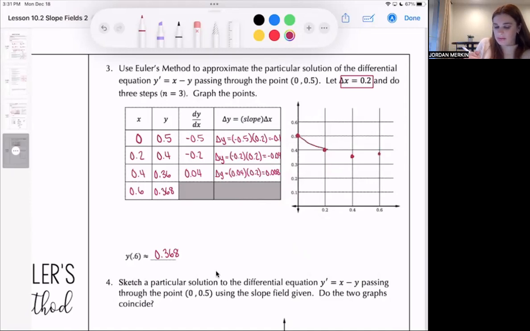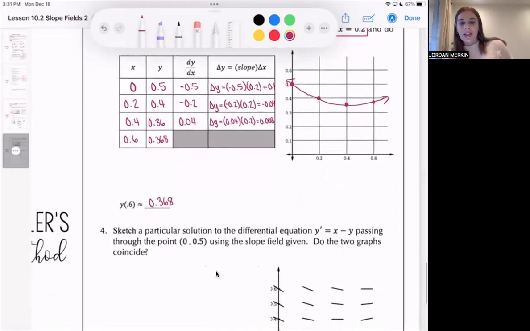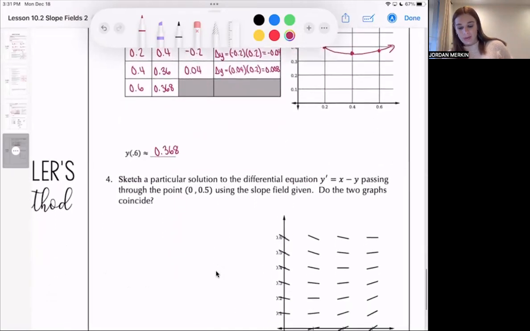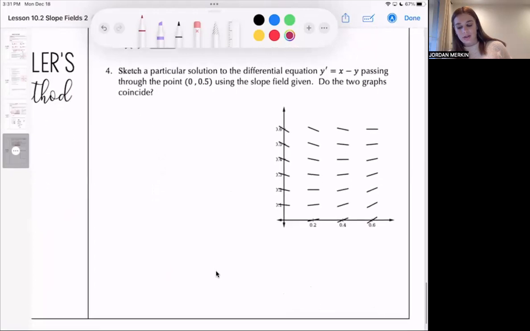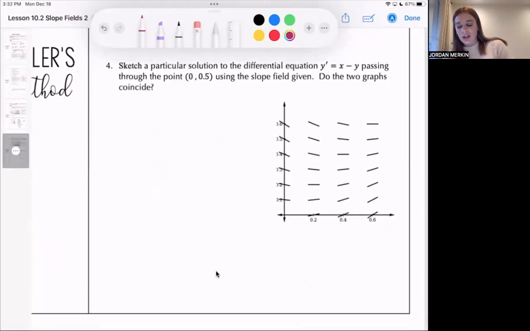And so it looks like the solution curve looks something like this. Okay, and that's really as accurate as we can get with it because we really only know those points that we've calculated.